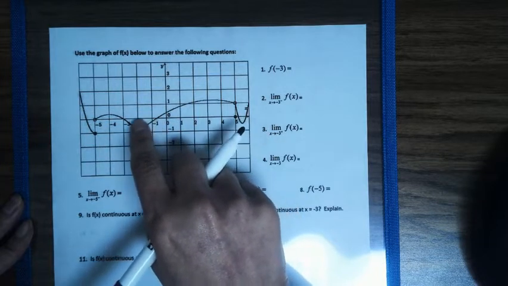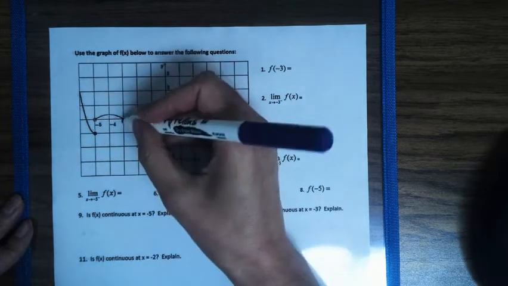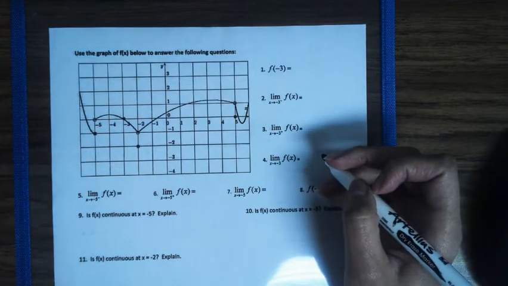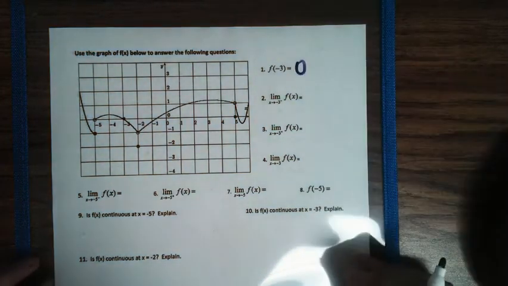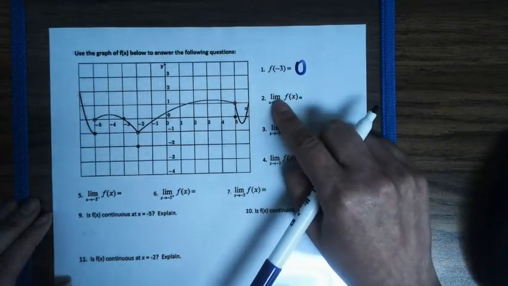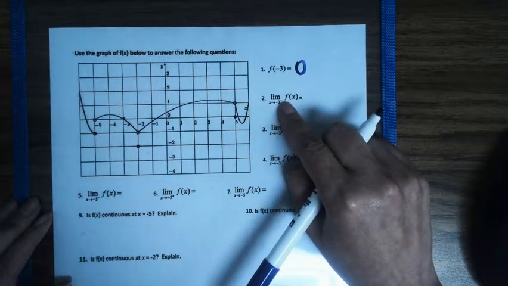So 1, 2, 3. This is your f. Your f of negative 3 is going to be where you hit the graph, which is over here. So you know that this one is going to be 0, because your output is 0. Now look at this one: the limit when x approaches negative 3 from the left side.